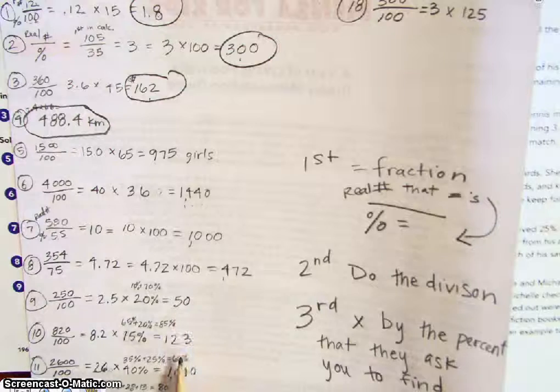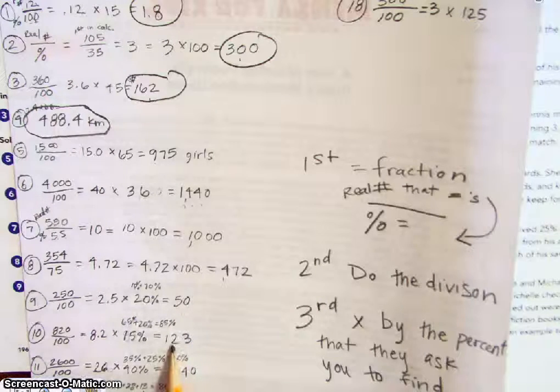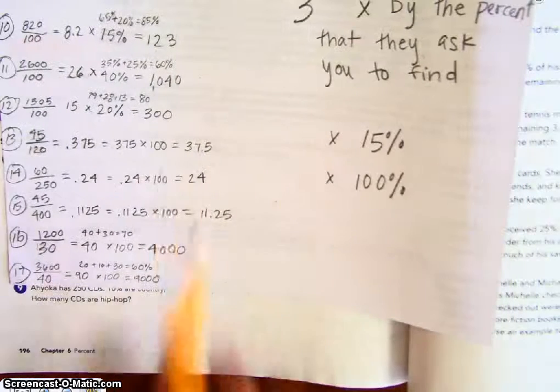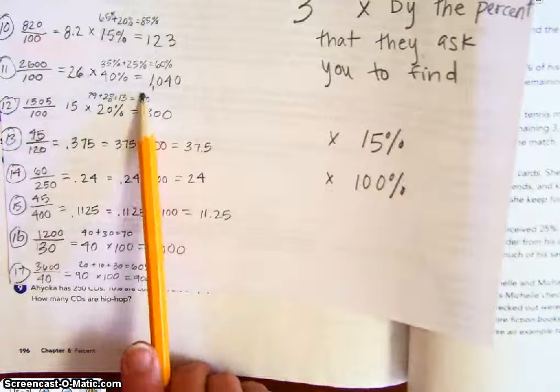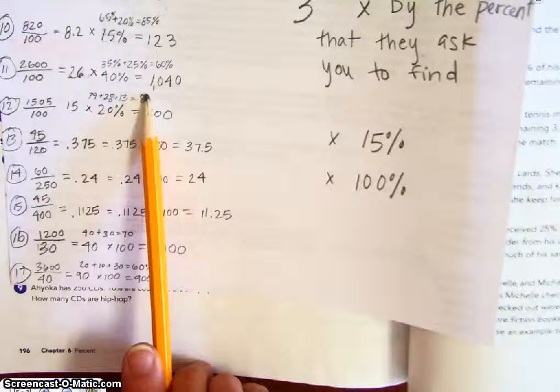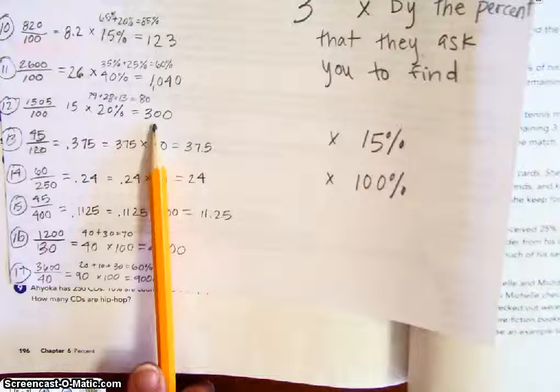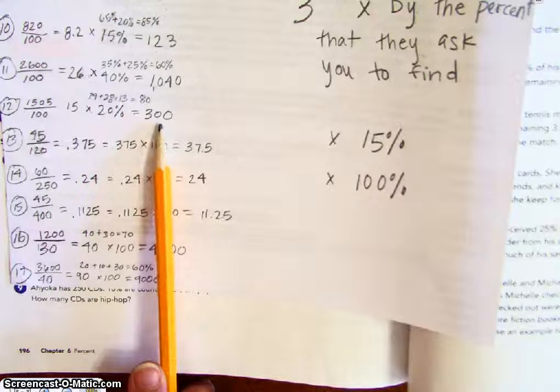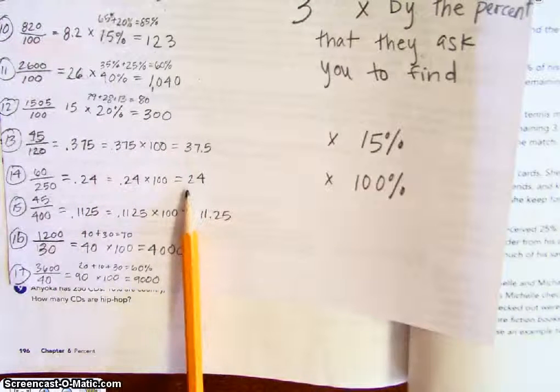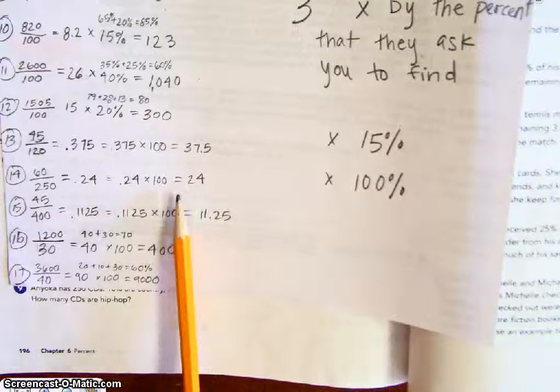Number 10 is 123 girls. Pushing my paper up here. Number 11 is 1,040 ducks. Number 12 is 300 watermelons. If you got 301 on that one, that's fine, because it depends on how you put it in the calculator. Number 14 is 24.